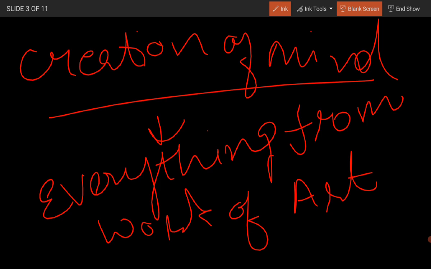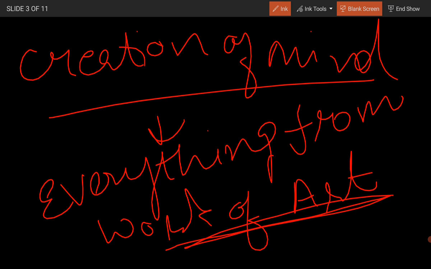For example, whenever you watch a movie or listen to a song, that song has copyright for its music, its lyrics, and everything. This is a creation of the mind, a piece of art.